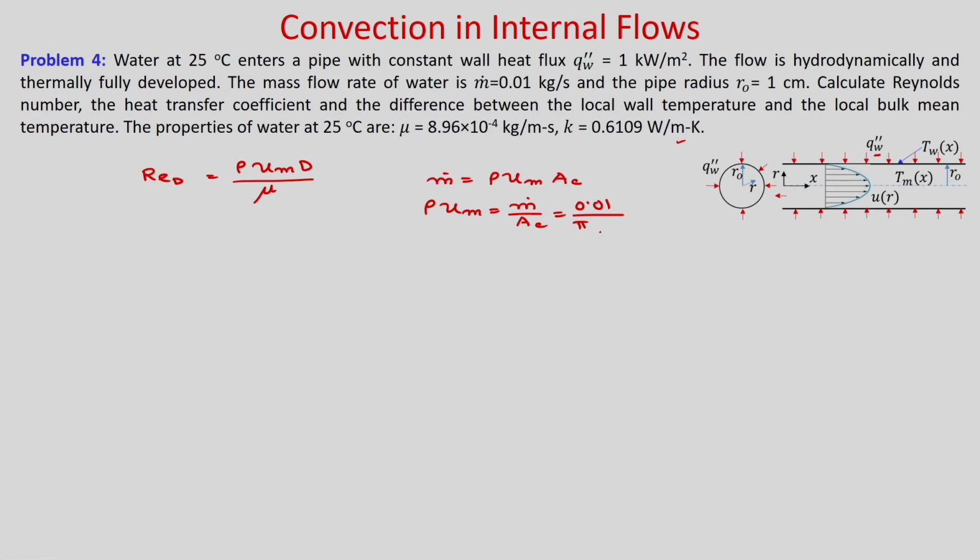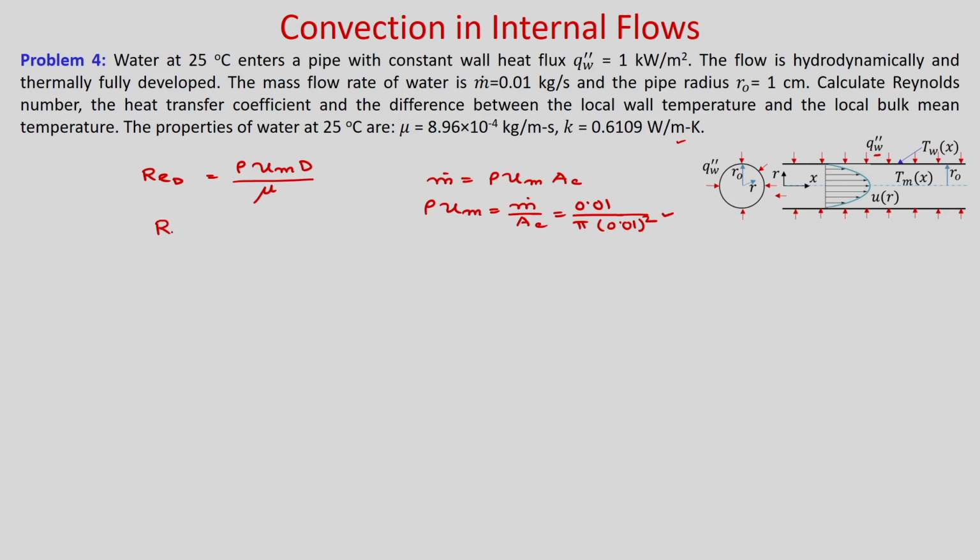Or pi r square you just write. R naught is given 1 centimeter. So, pi r square, 0.01 square. So, this is your meter, 1 centimeter is 0.01 meter. So, you can see that your rho u m is this one.